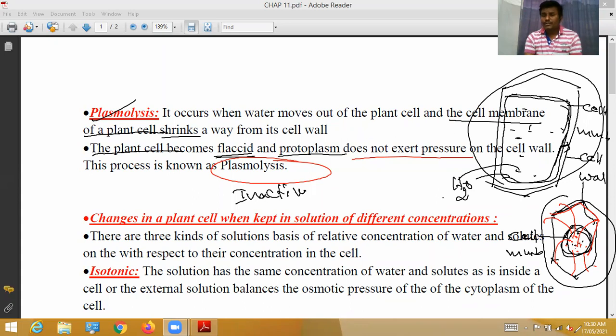When pressure is exerted, the cell becomes active and expanded. When there is no pressure inside the protoplasm, the plant cell shrinks and comes closer. This phenomenon is known as plasmolysis. That's all.